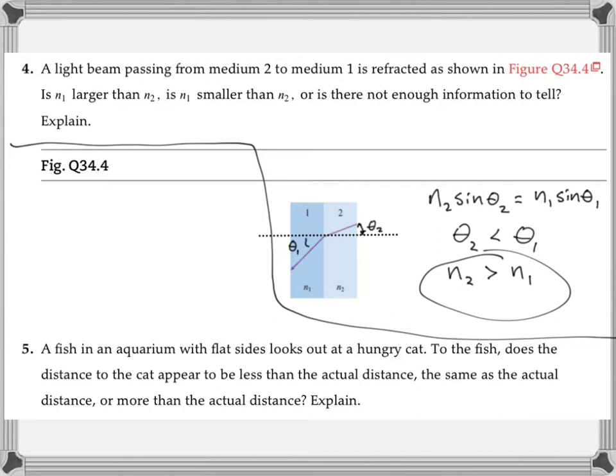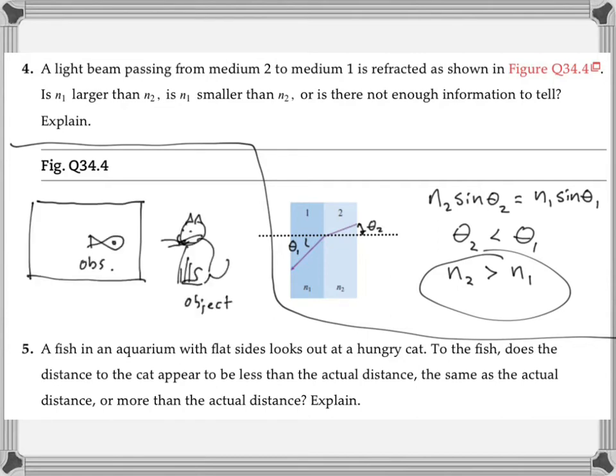Explain. Alright, so we dealt with this problem in a video. So here we have an aquarium. There is a fish inside the aquarium. There is a cat outside. And we are looking at the cat from the point of view of the fish. That's what it says: to the fish, does the distance appear, and so on. So the fish is the observer here.